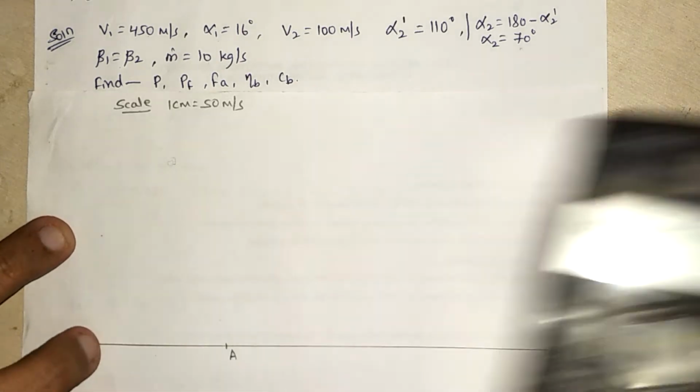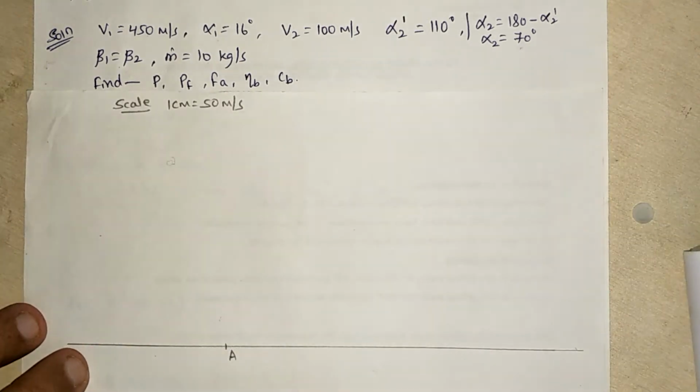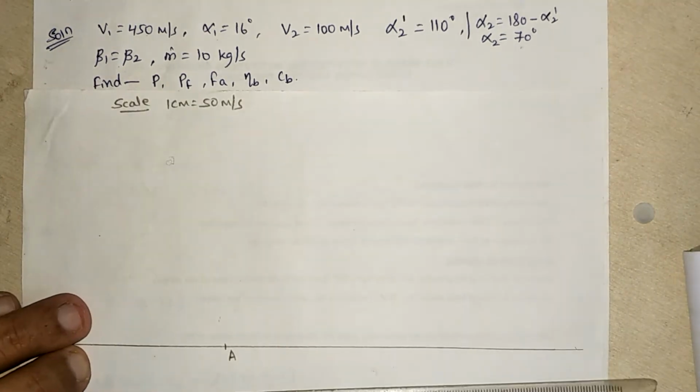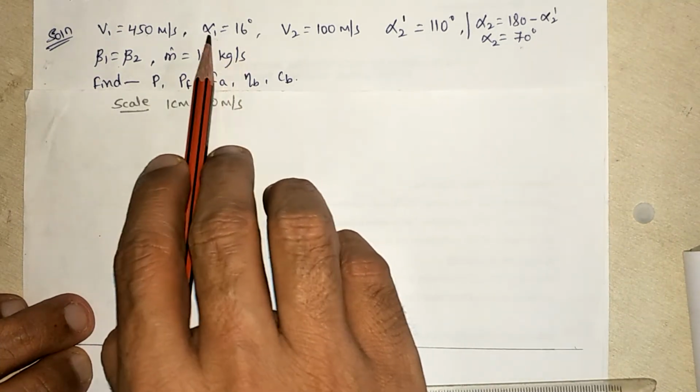So 9 centimeters will be the length of the line v1, and alpha 1 is given, that is alpha 1 is 16 degrees.